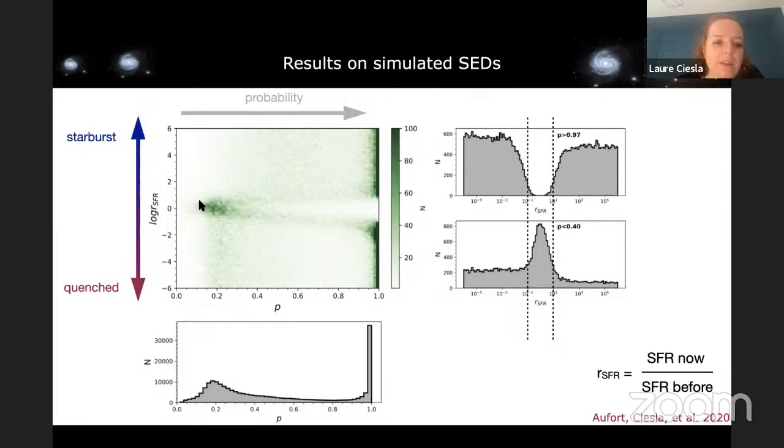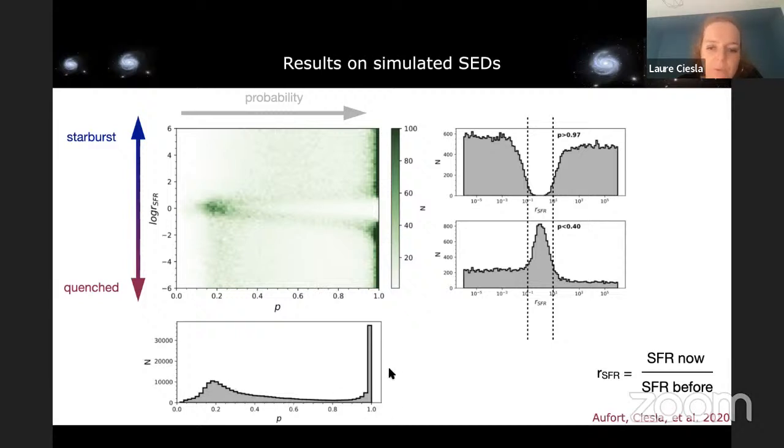So everything that is above 0 is a starburst, and everything that is below is quenched galaxies. You can see here the distribution, and this is the test sample. On this test sample, we had 50% of our galaxies which are supposed to be using delayed plus flexibility, and half of the galaxies which have just a simple delayed.